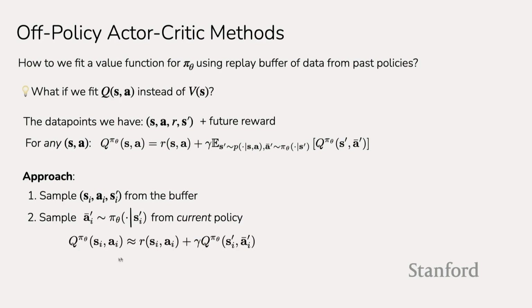And then we can estimate the Q function as the reward at the current time step plus the Q function for the next state in the buffer and an action sampled from our policy here. And because this action is sampled from our policy rather than from the data set, we're actually getting an estimate for our current policy's Q function.